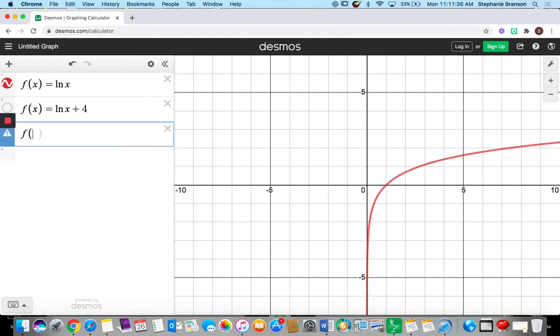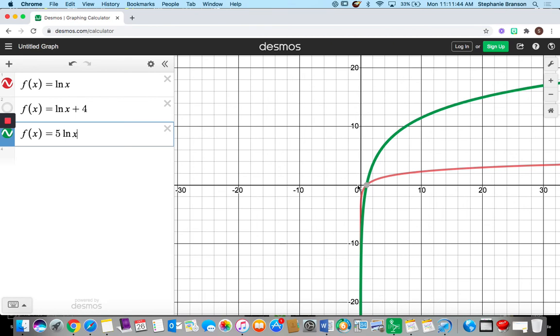f of x is equal to 5 times the natural log of x. And it's hard to see, but that was a stretch. So I'm going to say stretch by 5.